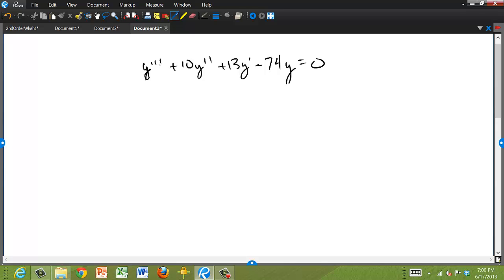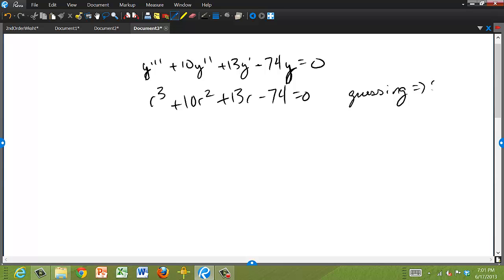So once again, I didn't have enough room on the other sheet. Let's try this again. Our characteristic equation would be r cubed plus 10r squared plus 13r minus 74 equals 0. Just by guessing, we can find that 2 is a root. So then we can do polynomial division, and we can find that this left-hand side factors as r minus 2 times r squared plus 12r plus 37.